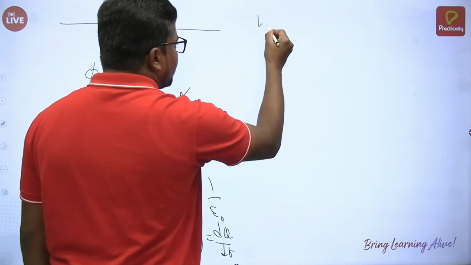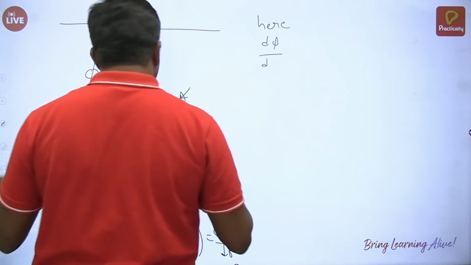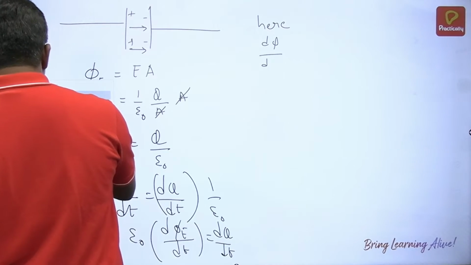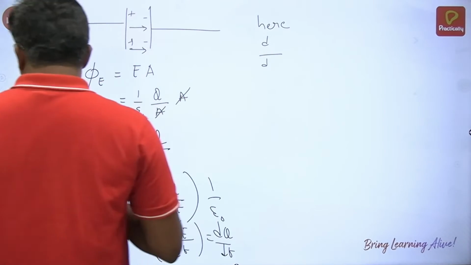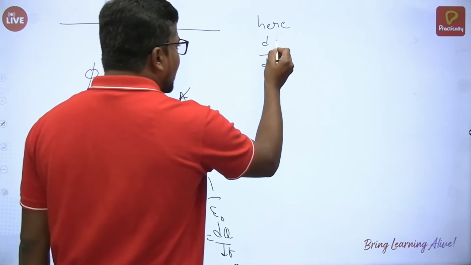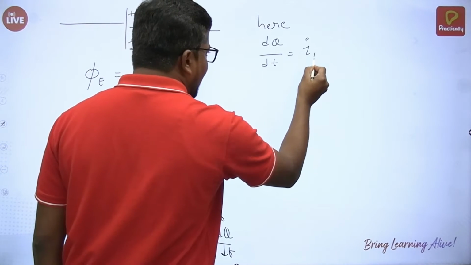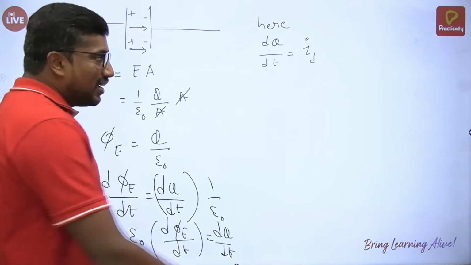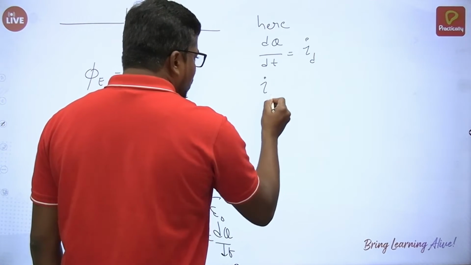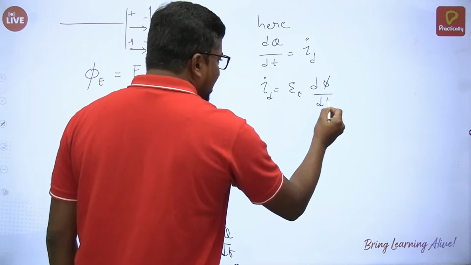Here dq by dt is nothing but the time rate of change of charge, right? So the time rate of change of charge is called what? Current. So here dq by dt is equal to current. What current? Here we are talking about displacement current, which is represented by id. So id is equal to epsilon naught times d phi E by dt.